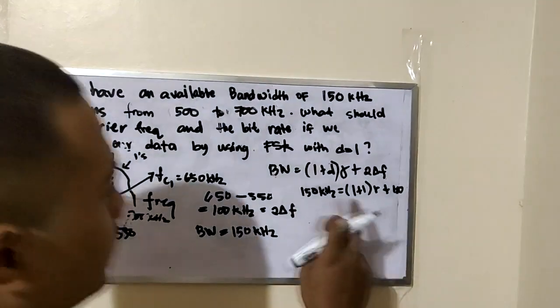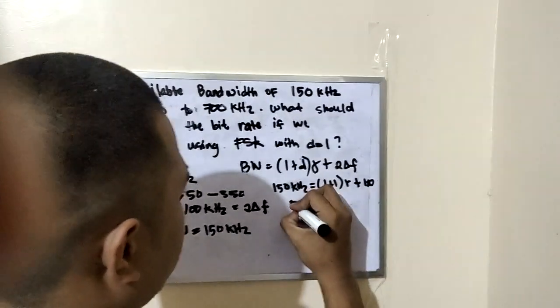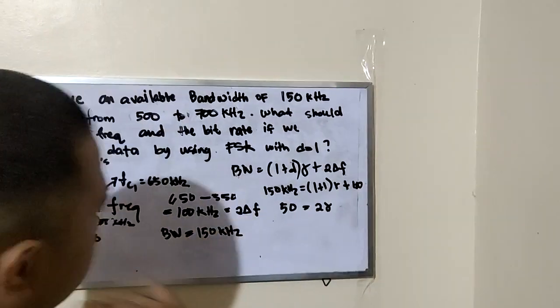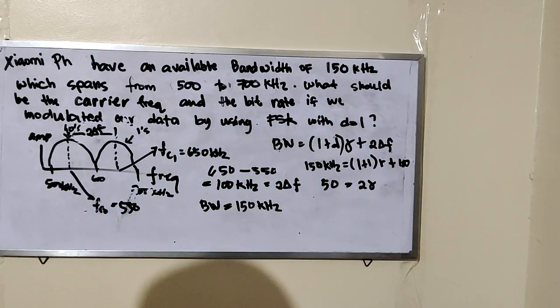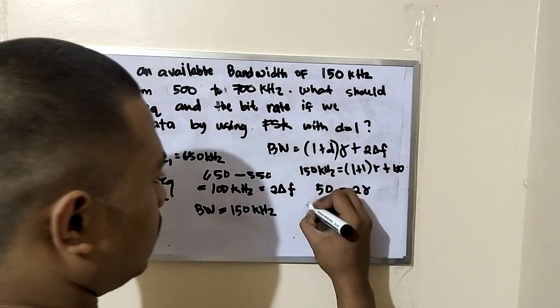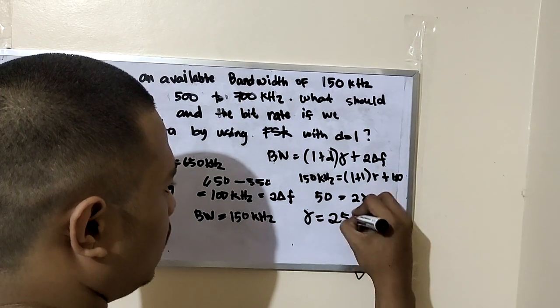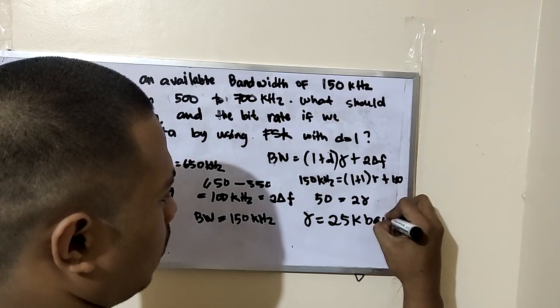So we will get 50 over 2 times baud rate. So our baud rate is equals to 25 kilobaud.